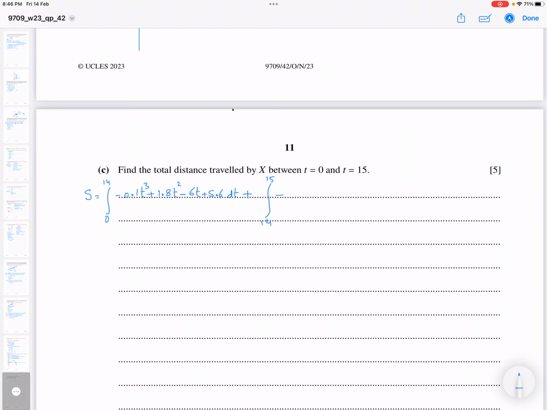So same equation, minus 0.1 t cube plus 1.8 t square minus 6t plus 5.6 dt.